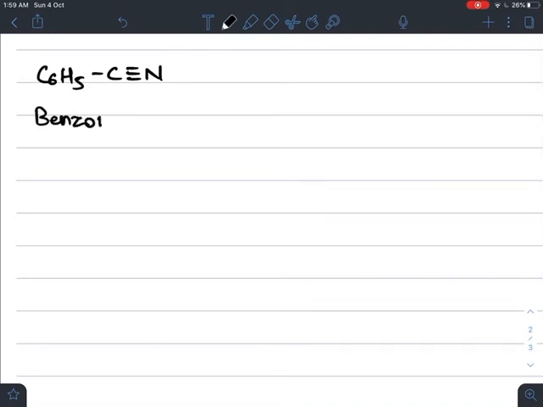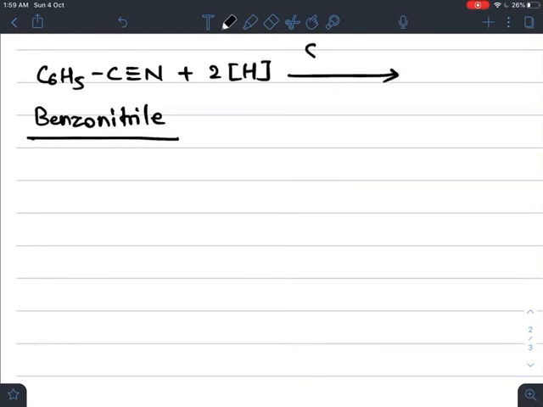Benzonitrile undergoes reduction reaction with stannous chloride SnCl2 combined with hydrochloric acid, which supplies these nascent hydrogens. So one hydrogen gets added to this carbon and the other gets added to this nitrogen by breaking the pi bond between carbon and nitrogen.